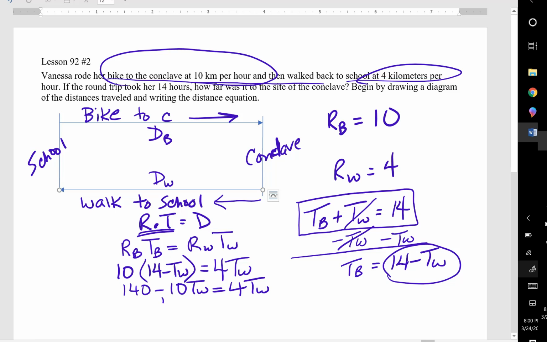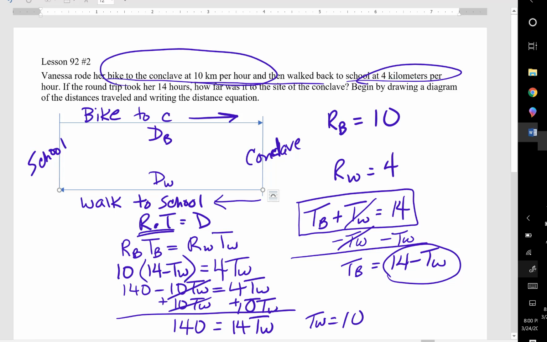And then I'm going to add 10 t sub w on both sides. So that's going to be 140 equals 14 t sub w. So divide both sides by 14, and you're going to get that t sub w equals 10. All right, so that's 10 hours to get back to school walking.